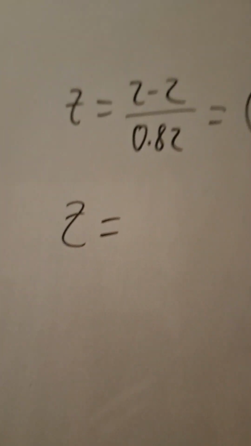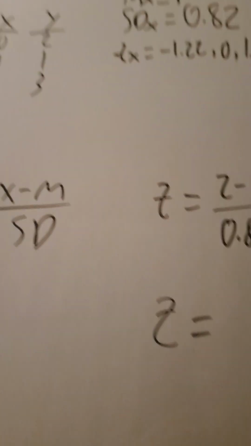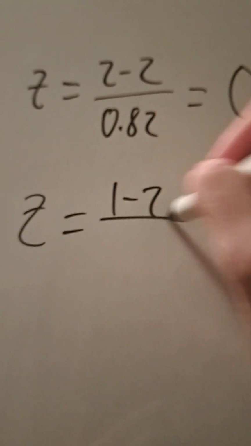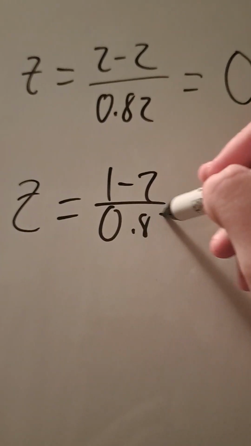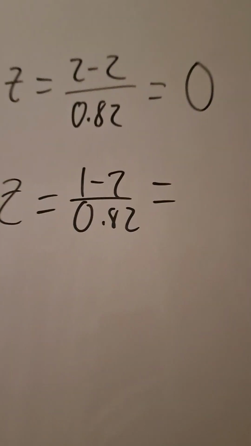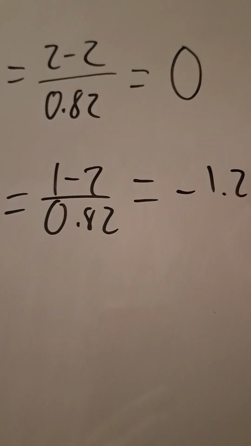Then we're going to do the second one. Our second value for y is 1, so we're going to say 1 minus 2 over 0.82, and that is going to be equal to negative 1.22.